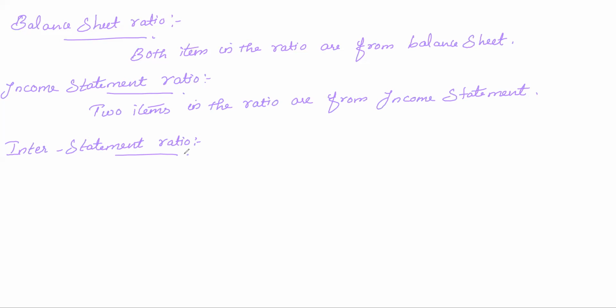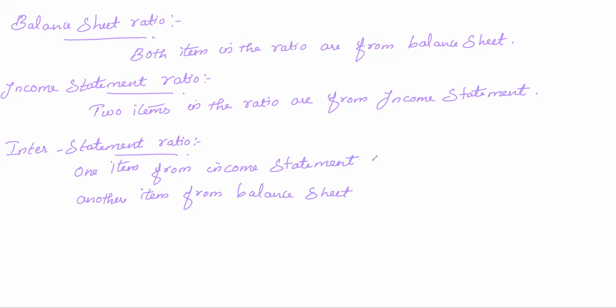So interstatement ratio is computed with one item from the income statement and another item from the balance sheet. இதுதான் interstatement relationship அப்படின்னு சொல்லுவோம்.